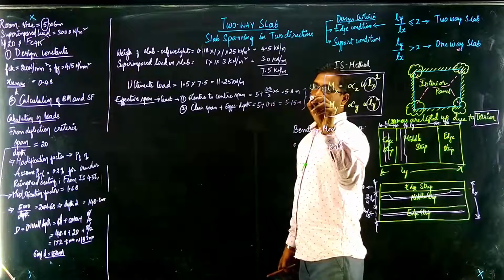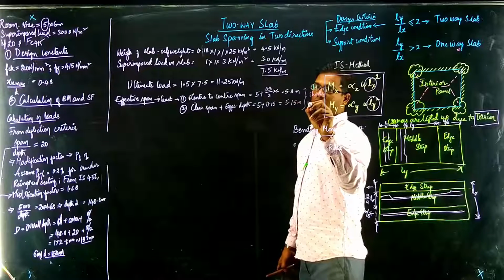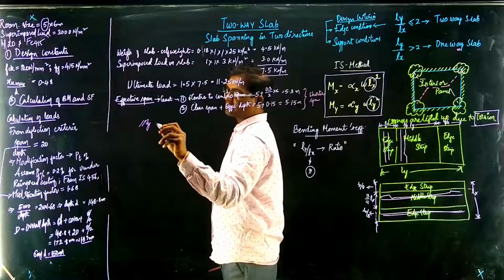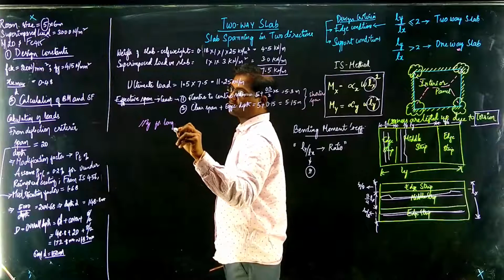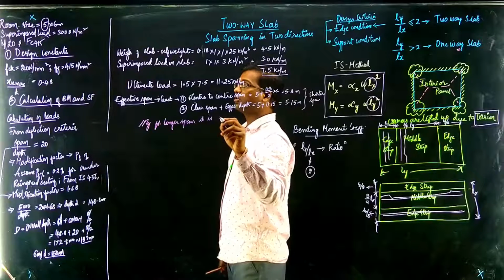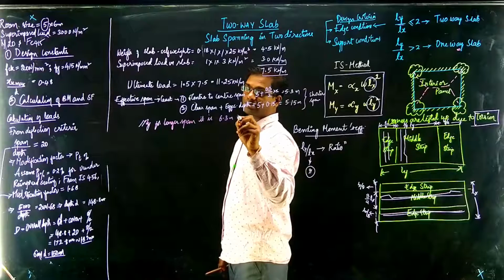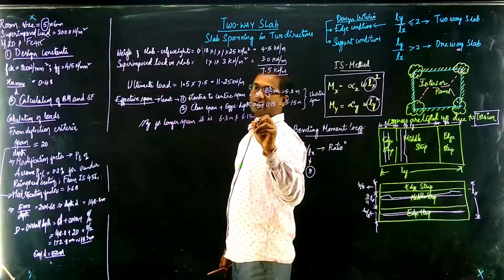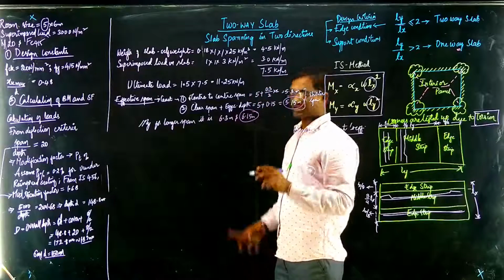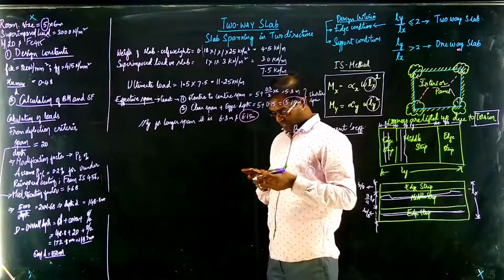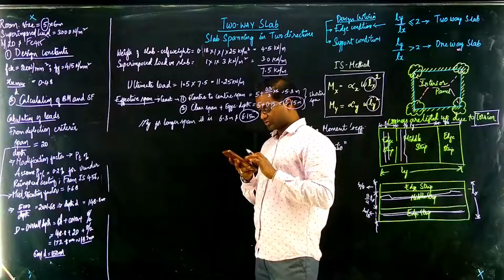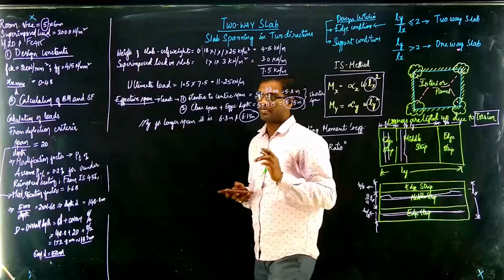These both I have calculated for the shorter span. Similarly, you can calculate for the longer span: 6.3 meters and 6.15 meters. So least in longer span is 6.15 and least in shorter span is 5.15. So note down these values. These are the effective spans which we need to substitute wherever the spans come.